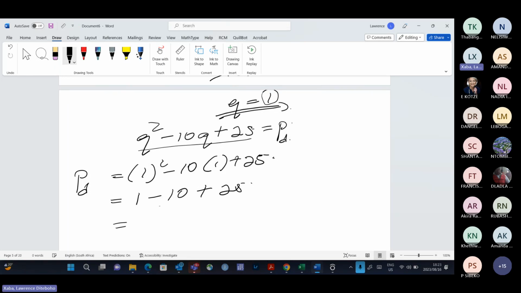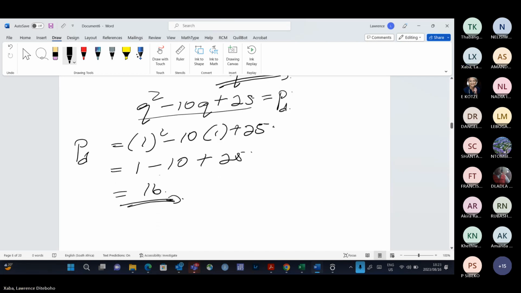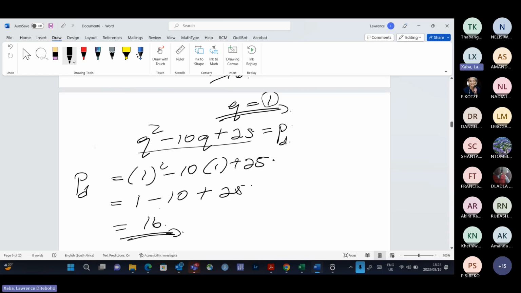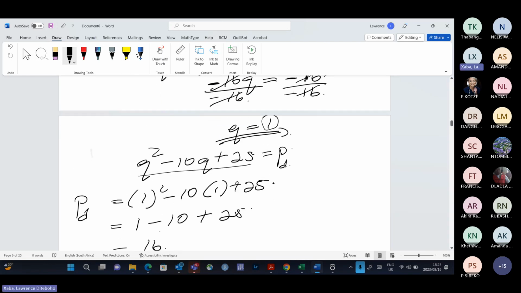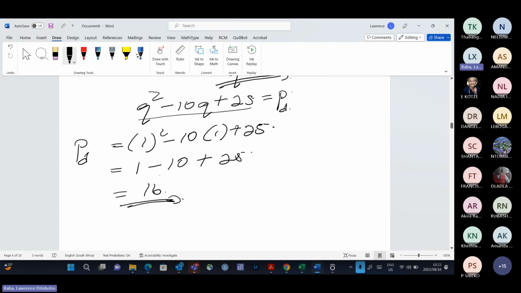Then here we have 1 minus 10, which is negative 9, and negative 9 plus 25, we have 16. Are we together, guys? Yes, sir. Okay, so this is for demand. You can also do the same for supply.